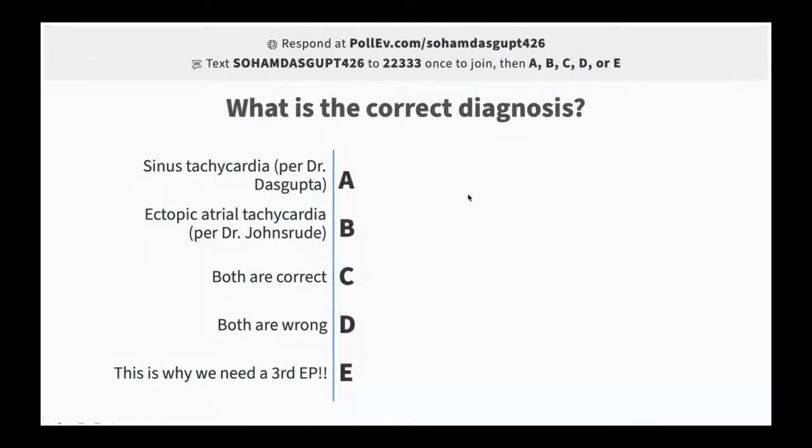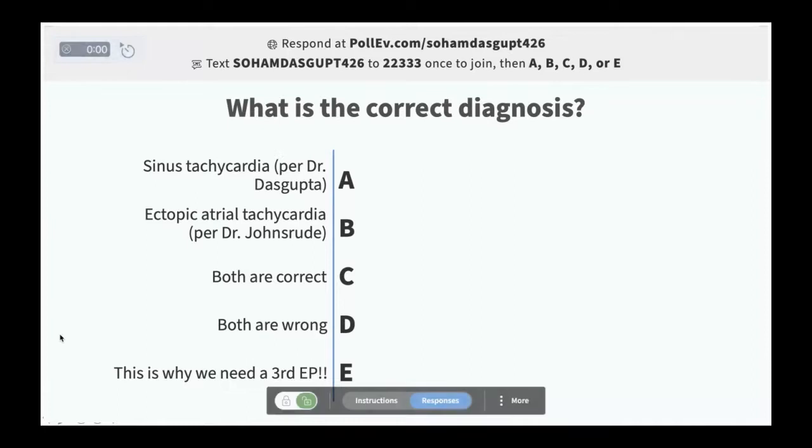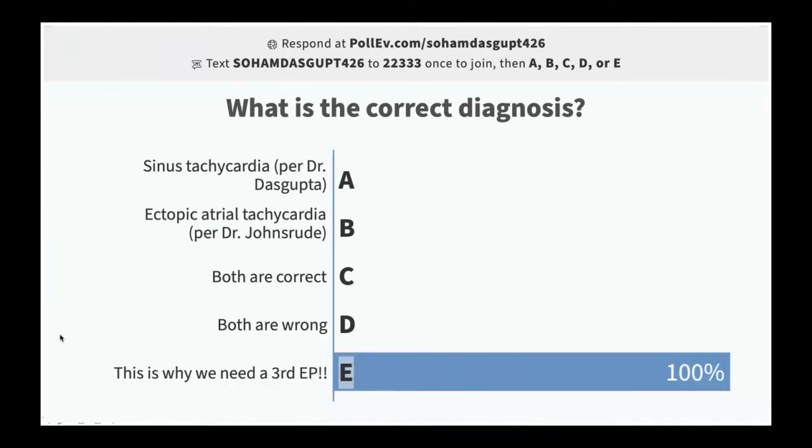So in this case, what is the correct diagnosis? And you can get your poll phones out again. Is it sinus tach, as I said? Is it ectopic atrial tach by Dr. John's route? Both are correct, both are wrong? Or do you think this is why we need a third EP doc to break the tie? Perfect. Yes, thank you to whoever answered that.